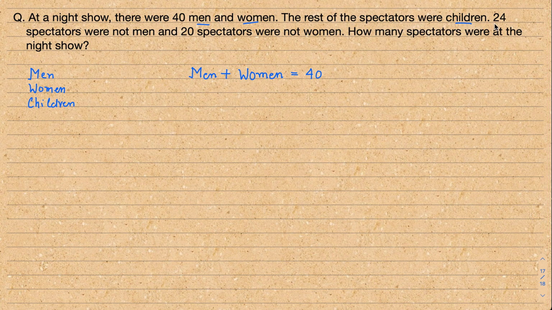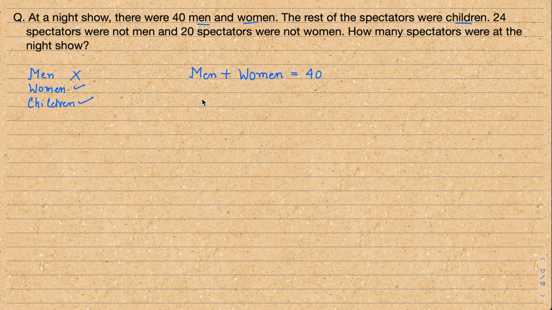Okay, fine. Then 24 spectators were not men, right? If they are not men, then what are the other two categories which are left? It's women and children.